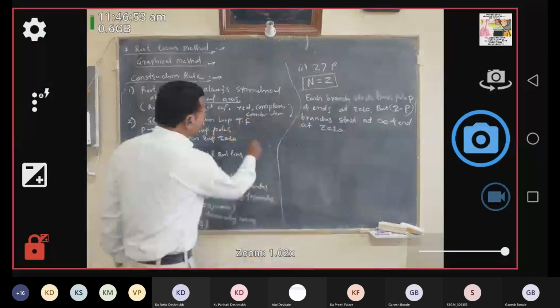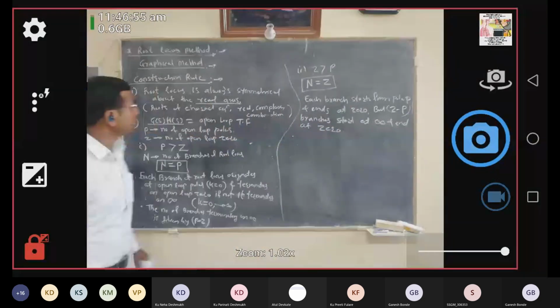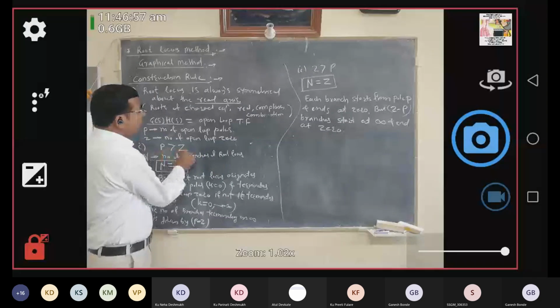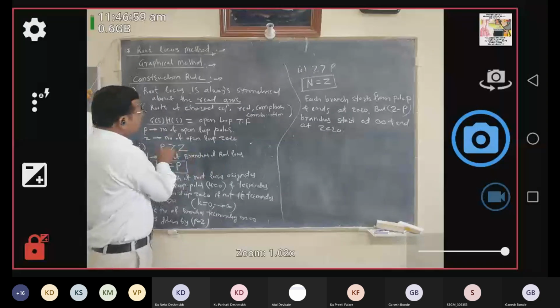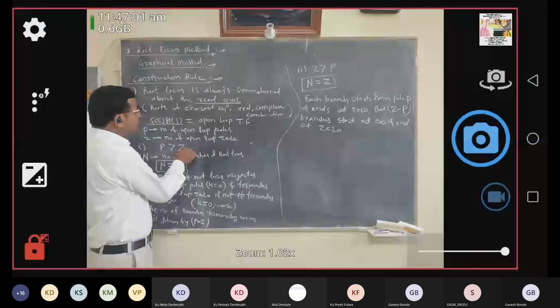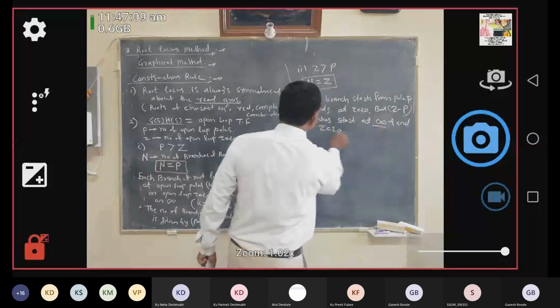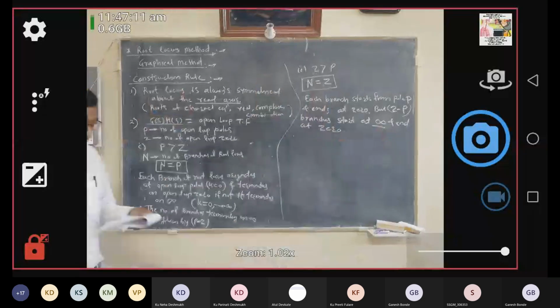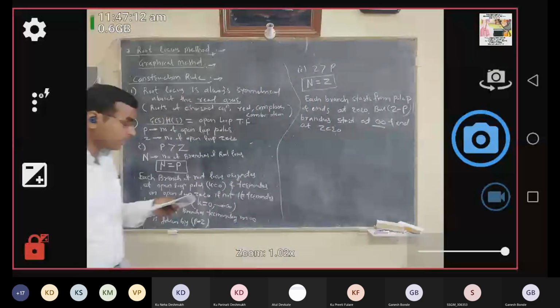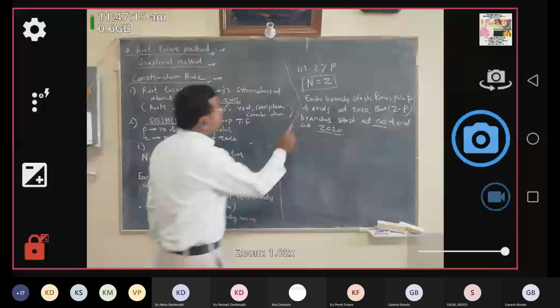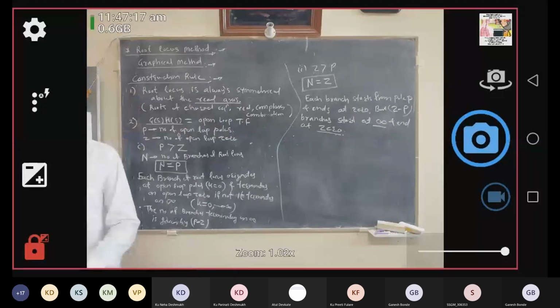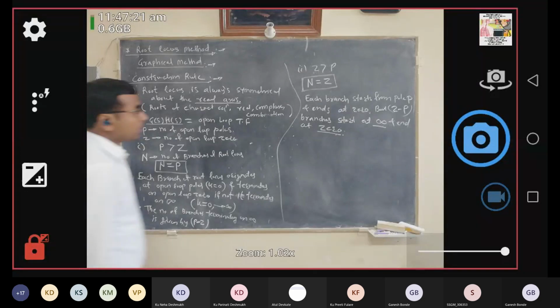So both are exactly opposite cases. When P is greater than Z, each branch originates at poles and terminates at zeros; if zeros are not present, it may terminate at infinity. Here, as zeros are greater, branches originate at infinity and terminate at zeros. This is the difference between them. This is for Z greater than P. These cases are very rare.